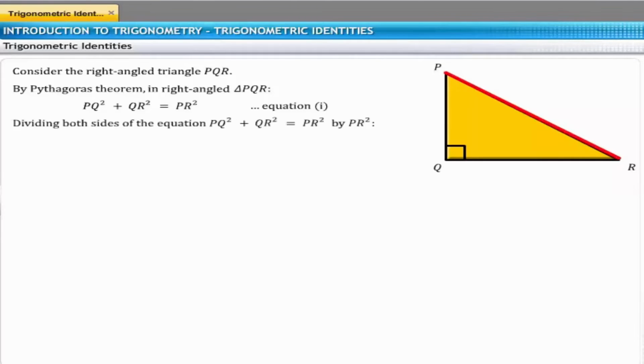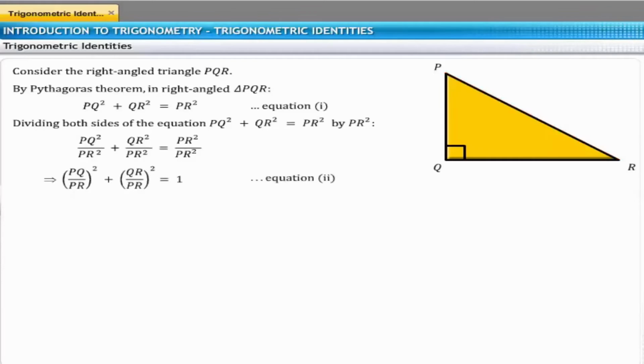Let us divide both sides of equation 1 by PR square. Since the numerator and the denominator are the same, the right-hand side of the equation becomes 1, and we get equation 2. If angle R in triangle PQR is equal to theta, then the ratio PQ upon PR is equal to sin theta, and the ratio QR upon PR is equal to cos theta.